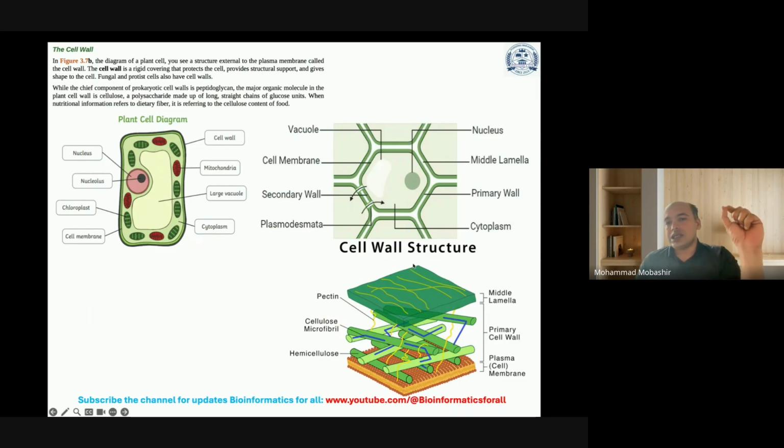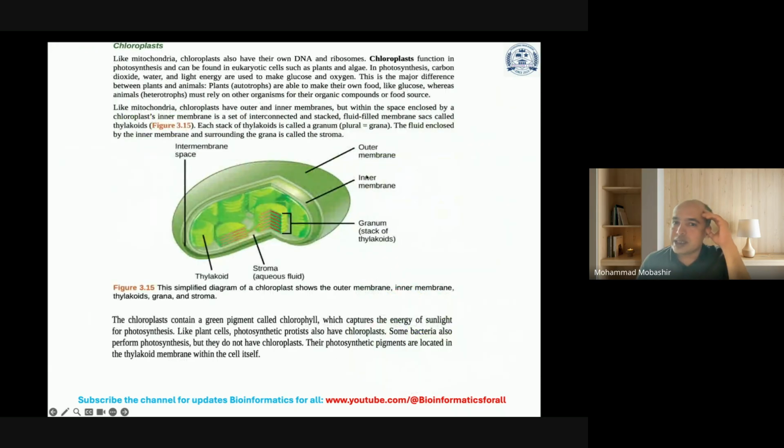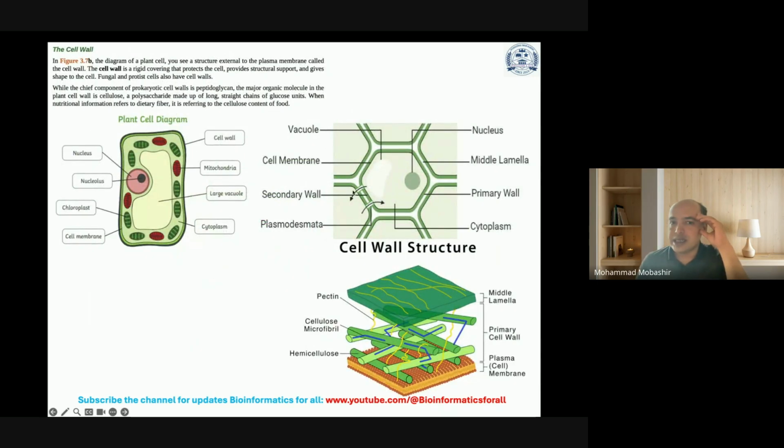The composition of the cell wall: the primary cell wall, which you can see here from inside, and then the secondary cell wall is here. You can see how the lining indicates the primary and secondary cell wall, and then the white gap coming here is the middle lamella.